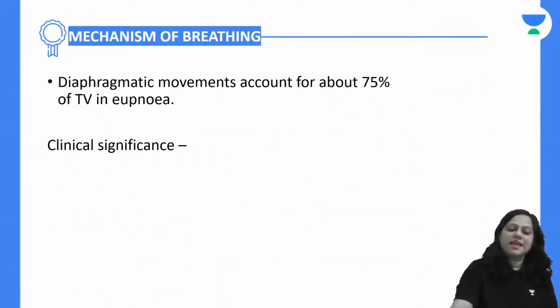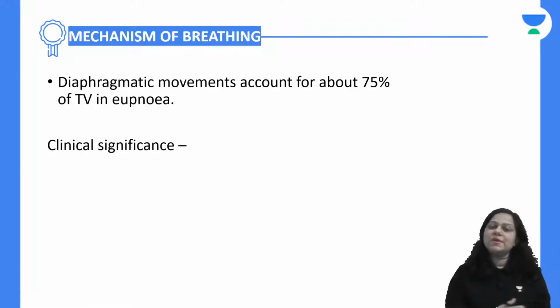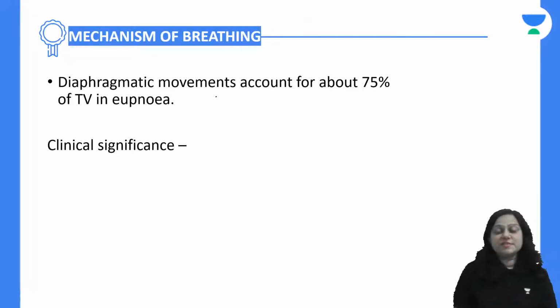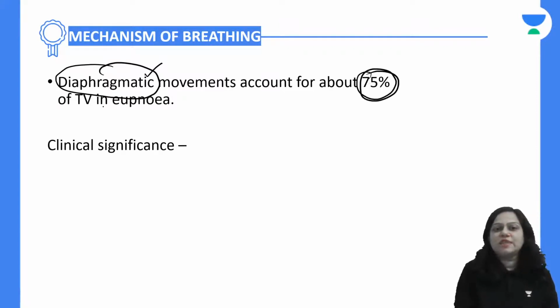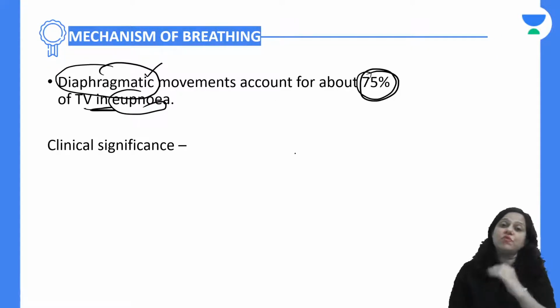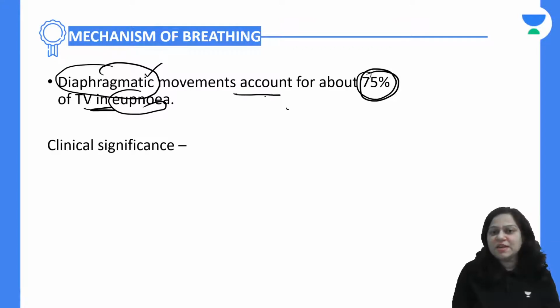So you can say here that diaphragmatic movement and external intercostal muscles are the muscles of inspiration. If only the diaphragm moves, also 75% of the tidal volume will get sucked in. So diaphragmatic movement accounts for 75% of the tidal volume.